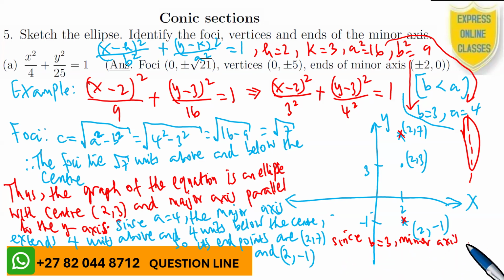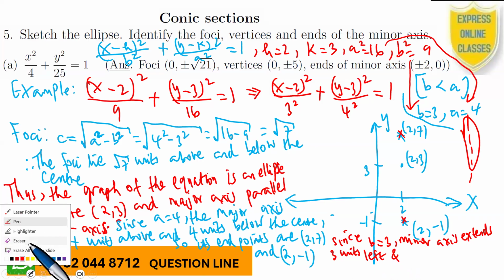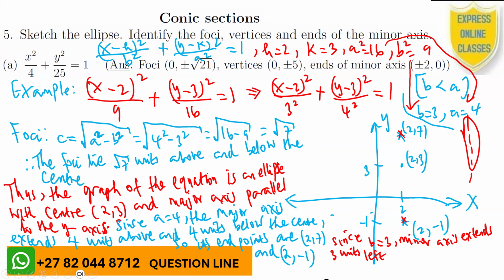The minor axis extends 3 units left of center, because B is 3, and 3 units right of center.